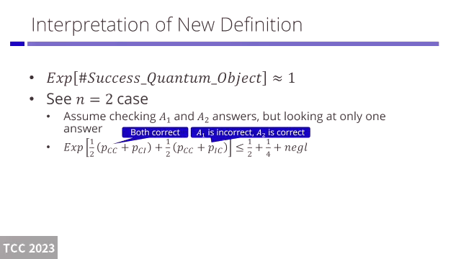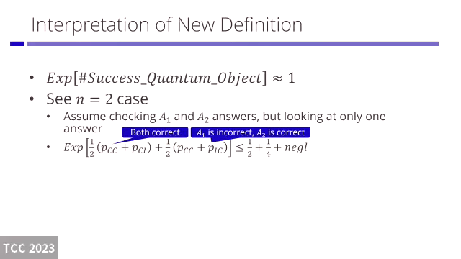We consider a slightly different game, but it is equivalent to the definition I explained in the previous slide. Let's assume that both adversaries A1 and A2 output guesses, and we check only one answer.